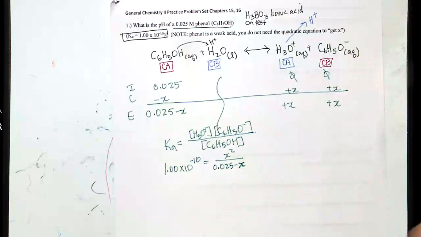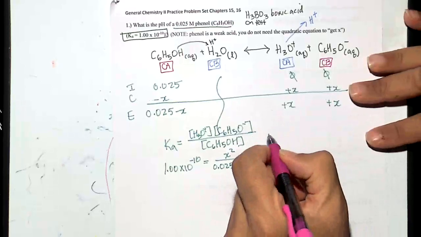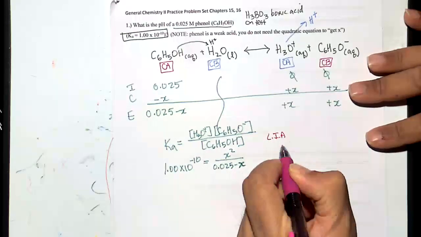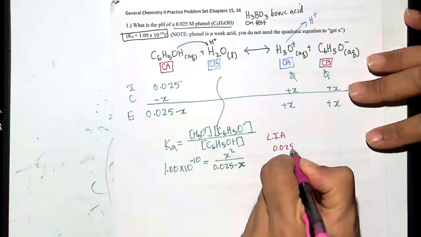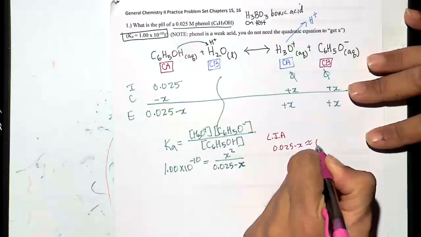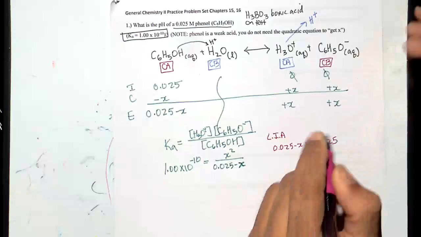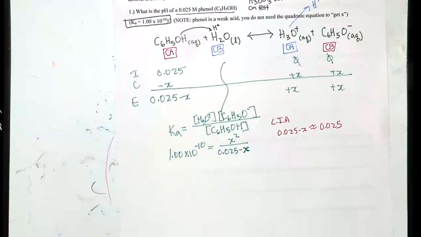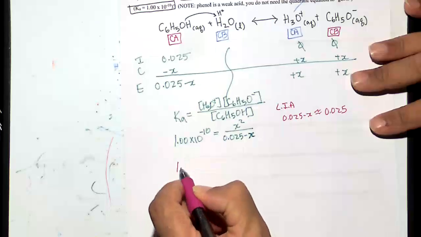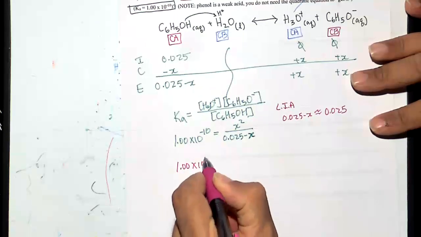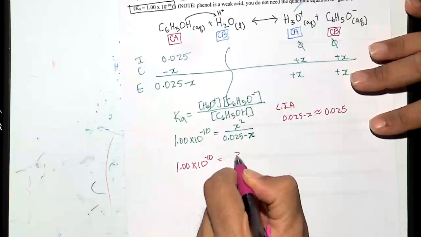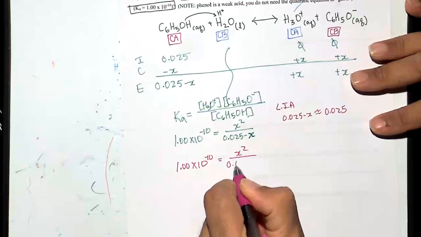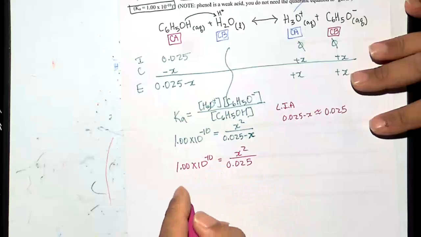We're going to solve for X, but we'll make our life a little bit easier by doing what's called a low ionization assumption. So 0.025 minus X is going to be about 0.025. Okay, everyone see that? So 1.00 times 10 to the minus 10 equals X squared divided by 0.025.